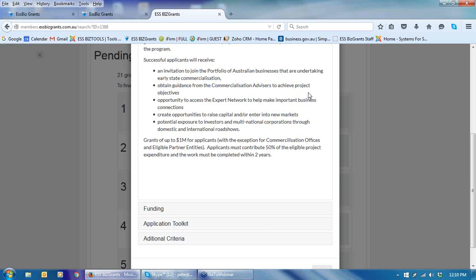Now, that contribution could be coming from investors, and the investors could submit letters of interest to participate with a condition that they will only contribute funding if the applicant is successful in the accelerating commercialization application. Oz Industry and the entrepreneur program accepts that type of arrangement.